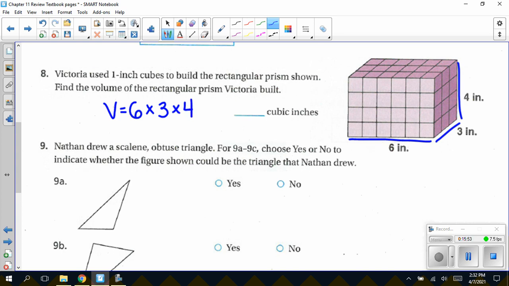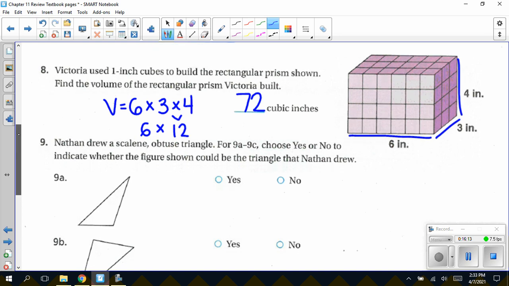So we can multiply in any order that we choose. So I'm actually going to take 3 times 4, which is 12. And then I'm going to multiply 12 times 6, because I know 12 times 6 is 72. So 72 cubic inches for her volume.